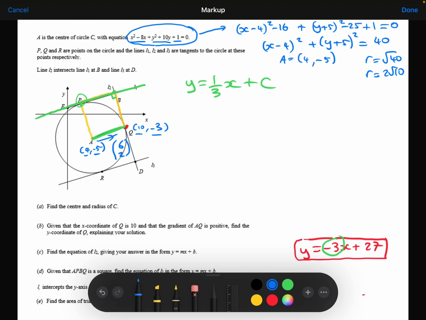And I know that this vector is perpendicular to that. So the vector from Q to B is going to have to be, I'm going 2 squares in the negative x direction, I'm going up 6 squares in the positive.